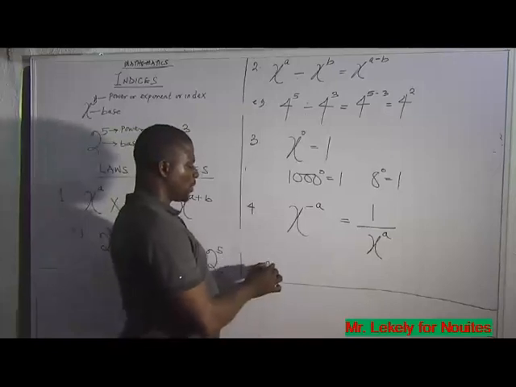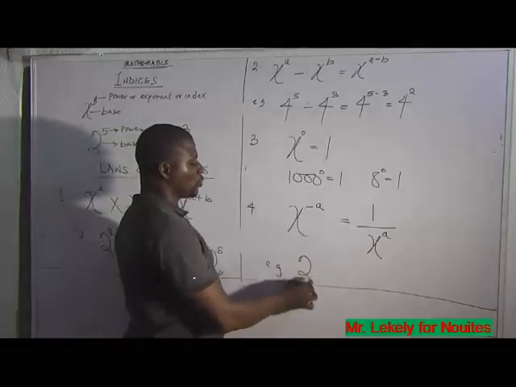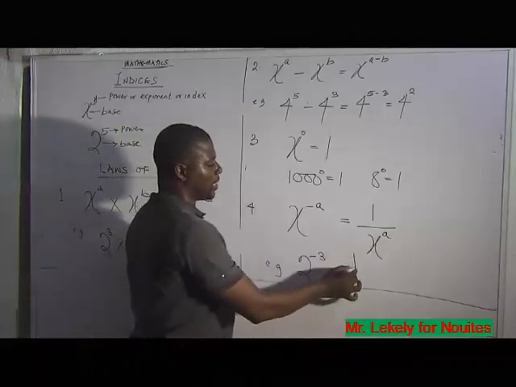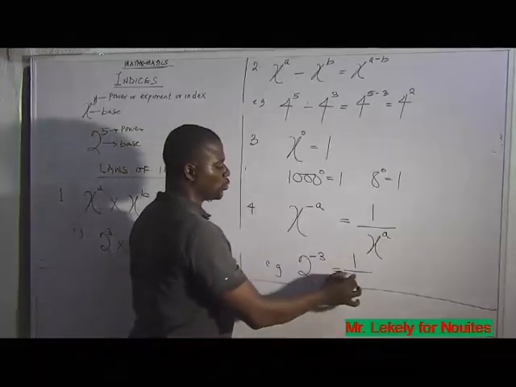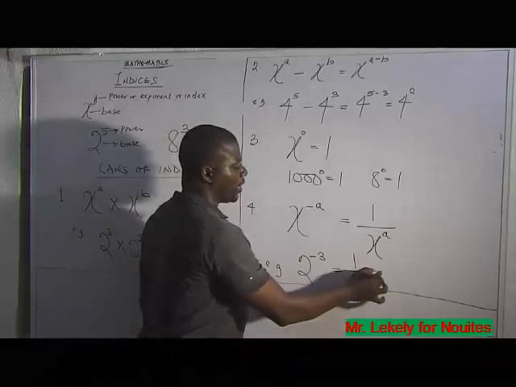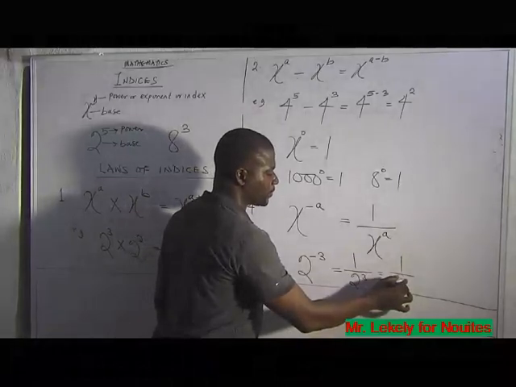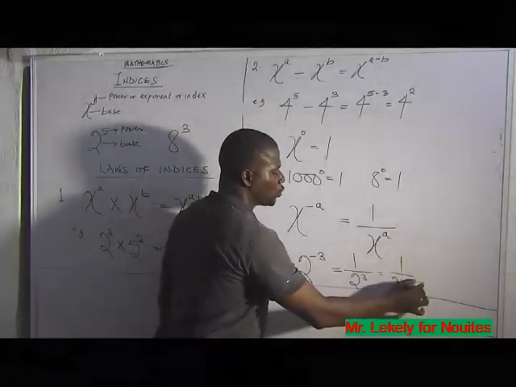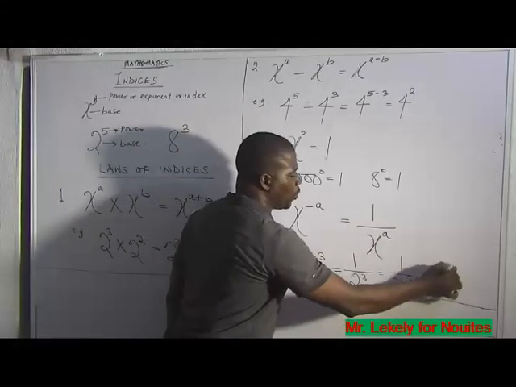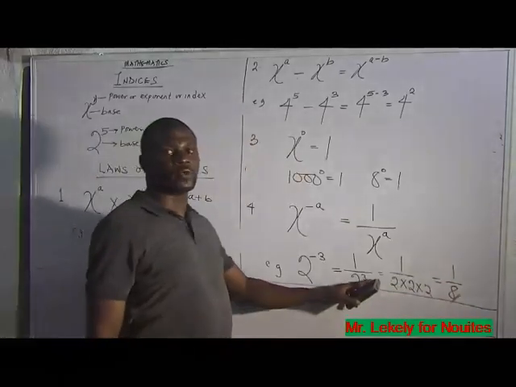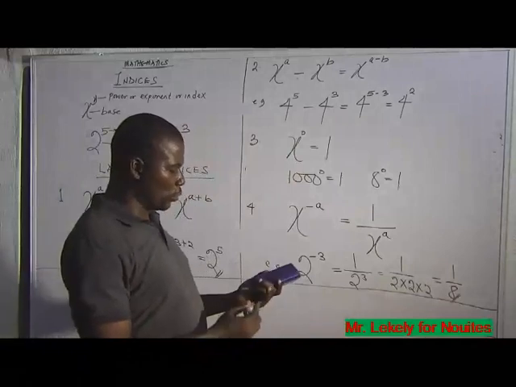So e.g., if I have 2 raised to power minus 3, it's the same thing as 1 over 2 raised to power 3. And of course, 2 raised to power 3 means 2 in 3 places, and that will give you 1 over 8. Don't forget, 2 raised to power 3 does not mean 2 times 3.